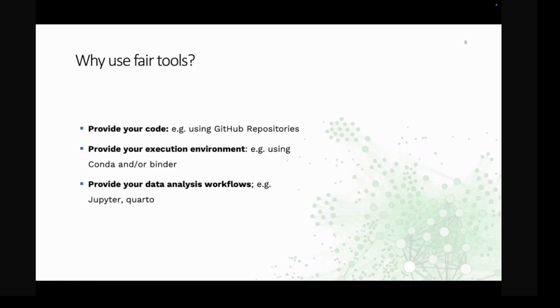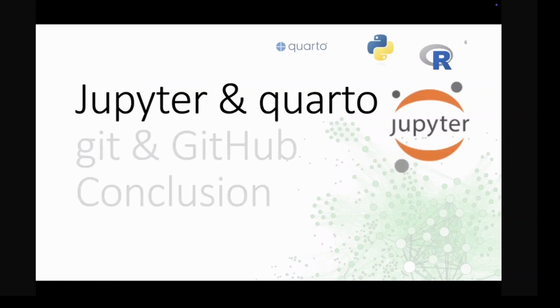And finally, you could also provide your workflows in a nicely documented way, or you could build your publication, report, whatever, based on a reproducible workflow. And that's, again, Jupyter or Quarto, which would be the tools to use. So let's get started and have a look at what Jupyter is and does.